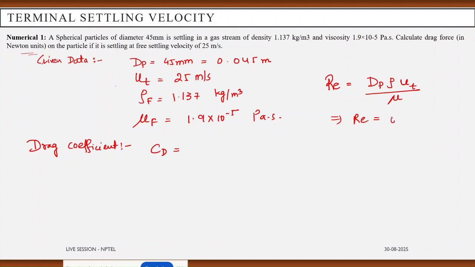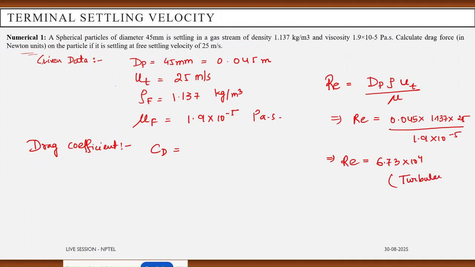If you simply put the values, you will get the Reynolds number 6.73 into 10 to the power 4, which obviously denotes turbulent flow.